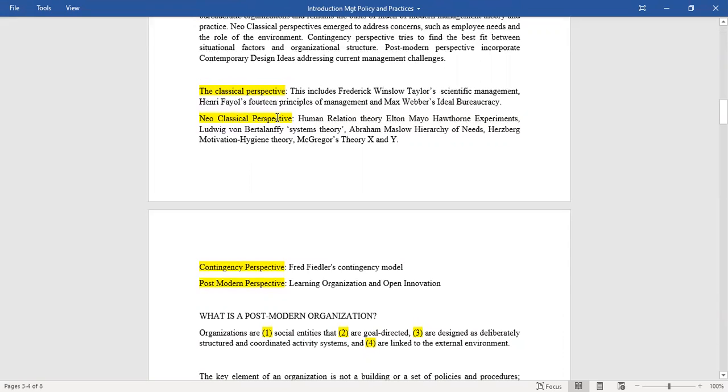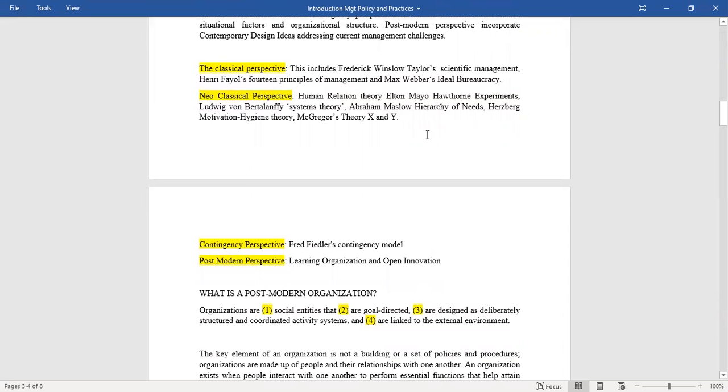Not that they are not useful anymore, but their new adaptations help to address the challenges of the current day and age, because the response to the changes was slow. Therefore, the new modern and postmodern forms of organizations have developed.